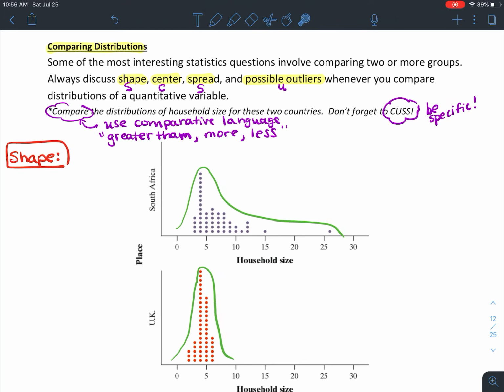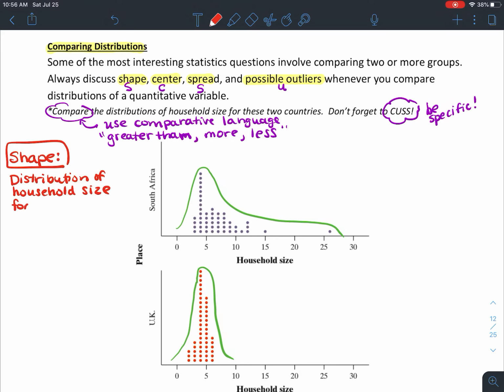So, notice that I'm going to be specific and use context. I'm just not going to say South Africa's skewed right, UK approximately symmetrical, okay? I didn't even say what the data was referring to. So I want to say something like the distribution of household size. That's what we mean by saying be specific and include context.